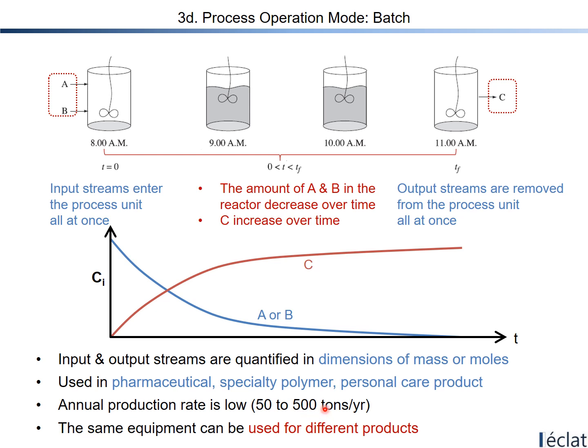The good thing is this batch equipment can be used for different products. So today I'm producing some alcohols from my batch reactors, and then tomorrow I could change the product from alcohol to another one. Okay, so that is the batch mode.